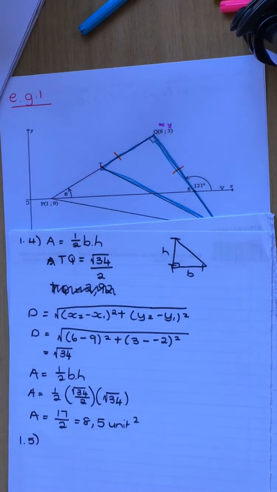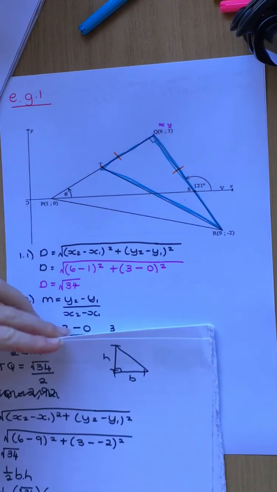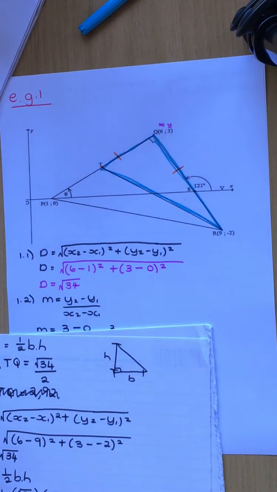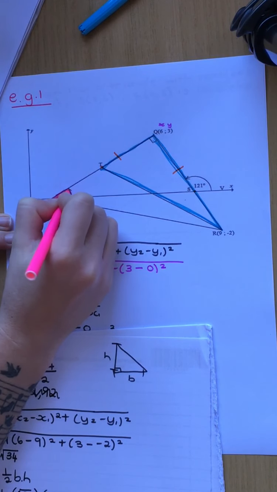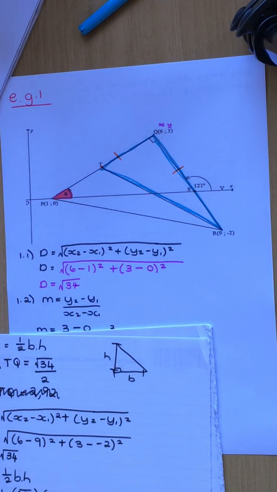1.5 says the size of theta with reasons. Okay, so they are asking for this angle theta over here. Now remember, this is an angle of inclination. So do you recall m equals tan theta?